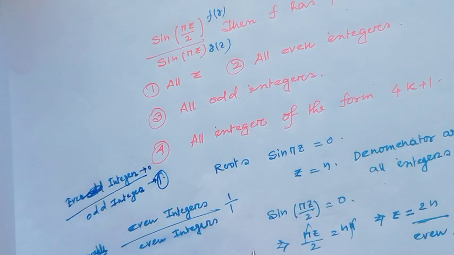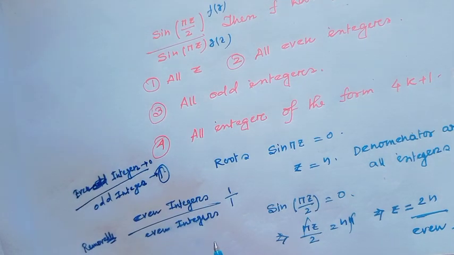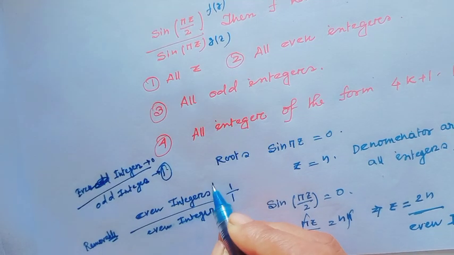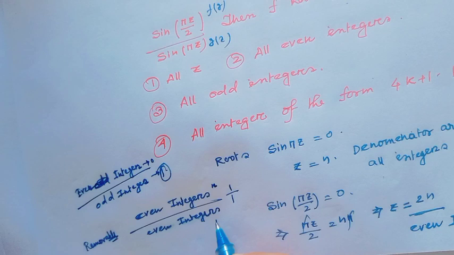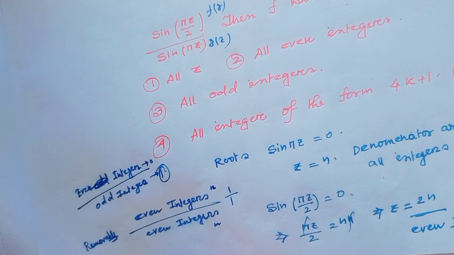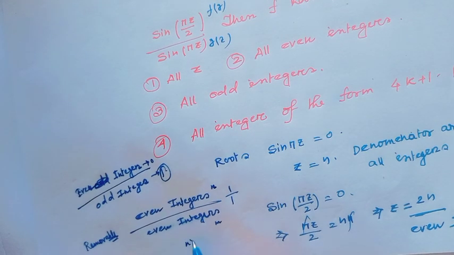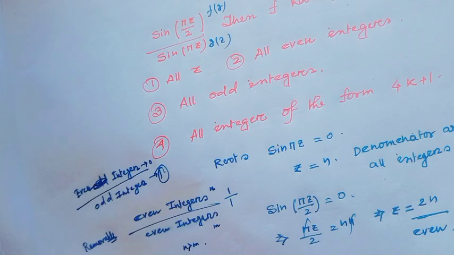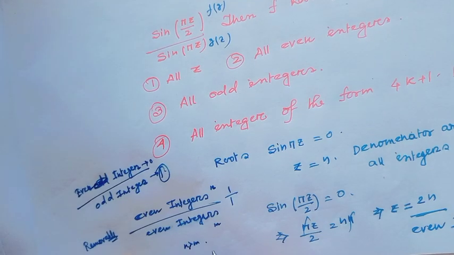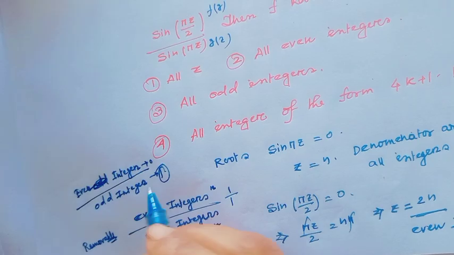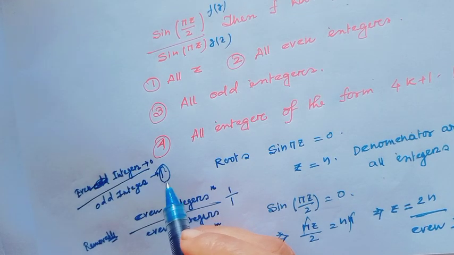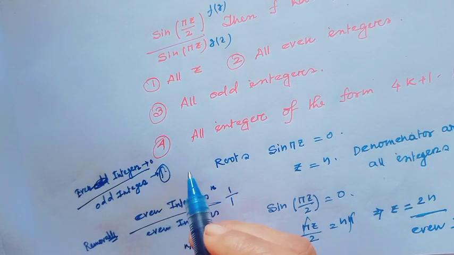We all know when the form is P over Q, with order of multiplicity n of the numerator and order of multiplicity m of the denominator, when n is greater than m the singularity is removable, and when n is less than m the singularity is a pole.